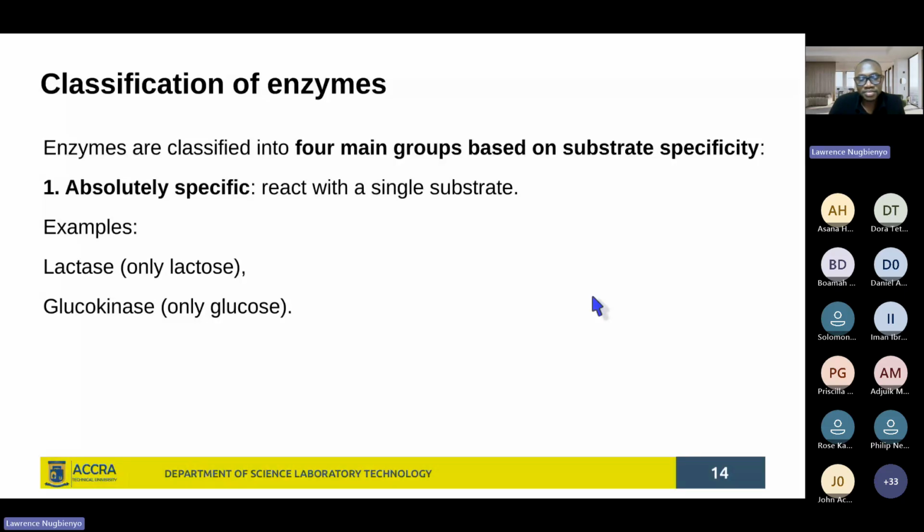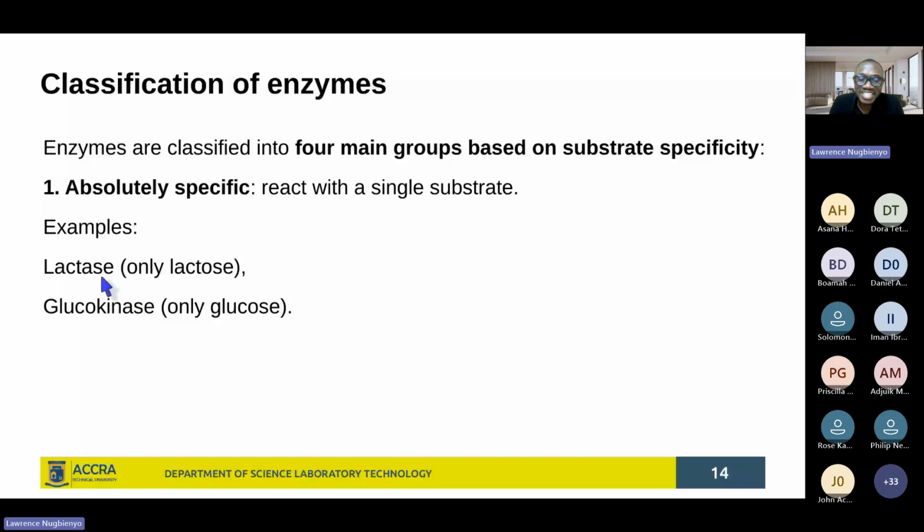Now, absolutely specific enzymes will act on only one substrate, just one. They will not act on any other. So for instance, lactase, the name we saw earlier. Imagine if lactase was going to act on another substrate apart from lactose, and the name is lactase.